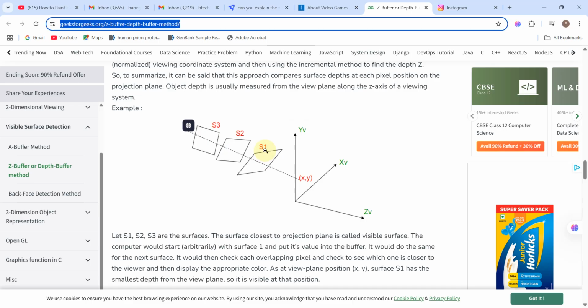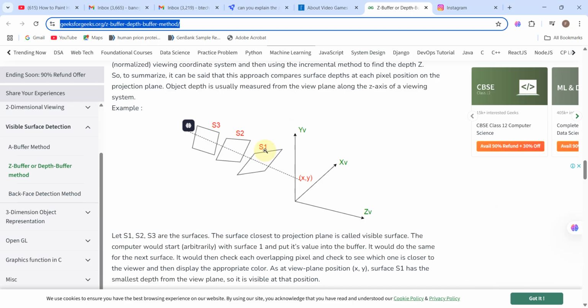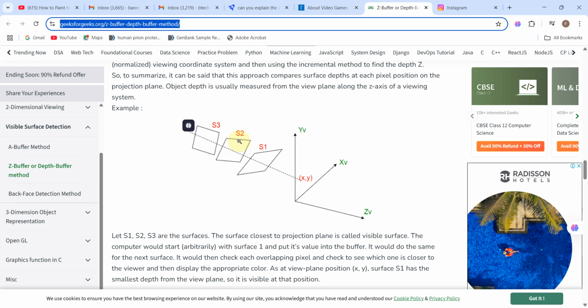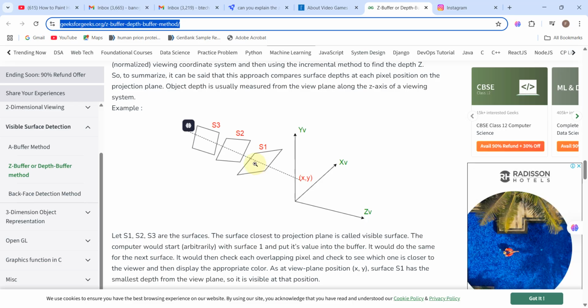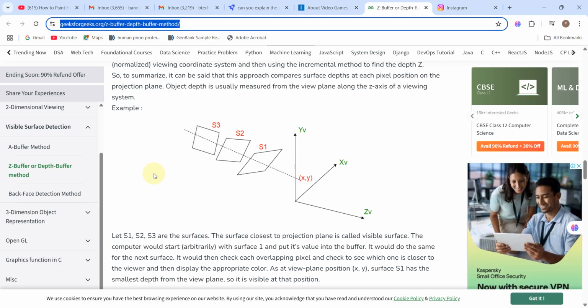So the z coordinate is greater here because the value of z is negative. Then S2 is behind it, so suppose it is negative 3, and S3 is behind that, so suppose it is negative 4. But these planes are a little tilted, so the z is not exactly the same for this one here. All the z values are not exactly the same because the planes are a little bit tilted, but for simplicity, let us think of examples where the z value is constant for the whole plane. We'll come back to that later.